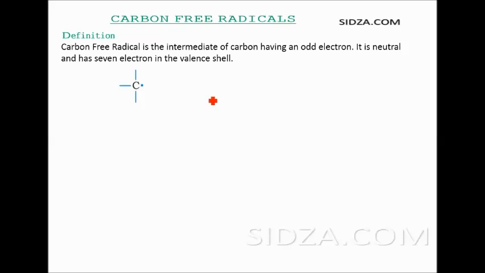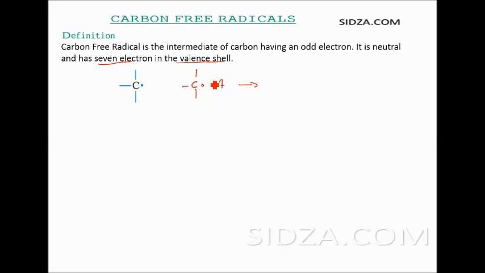A carbon free radical actually has 7 electrons in the valence shell like this one, and it's formed when there is a homolytic bond fission between the atom A, which is bonded with the carbon.